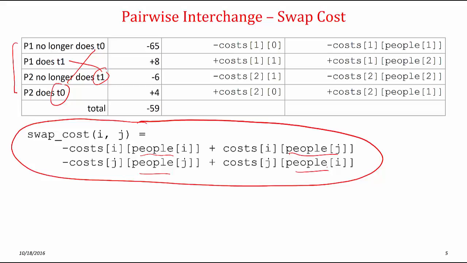And so you'll note that these 4 components of the swap cost function correspond exactly to the 4 things that we saw in the example that we just walked through.